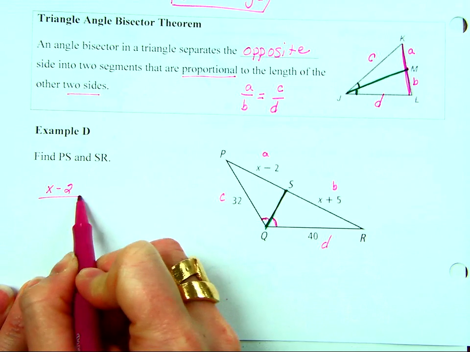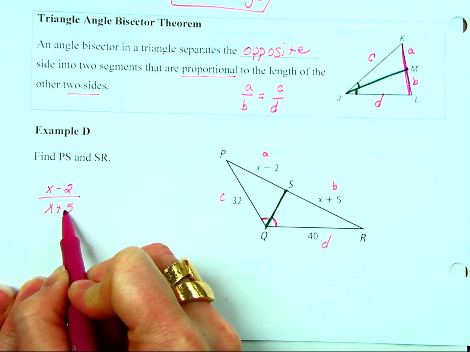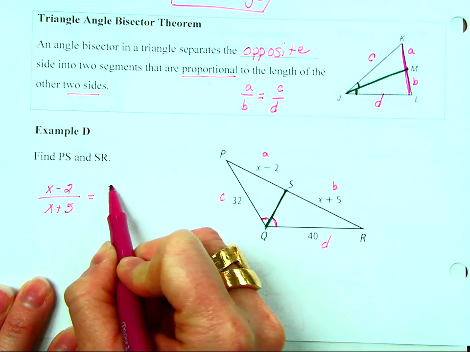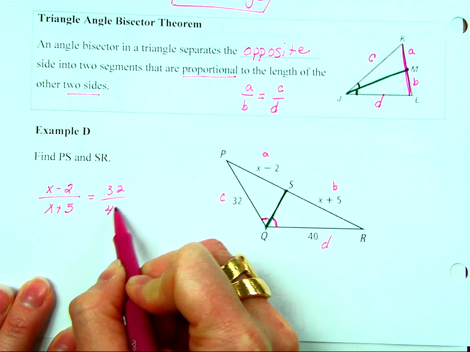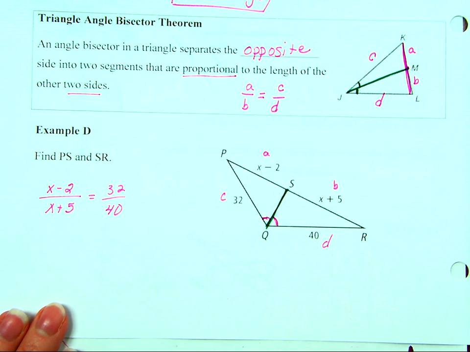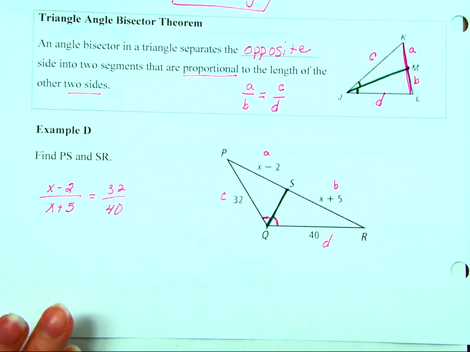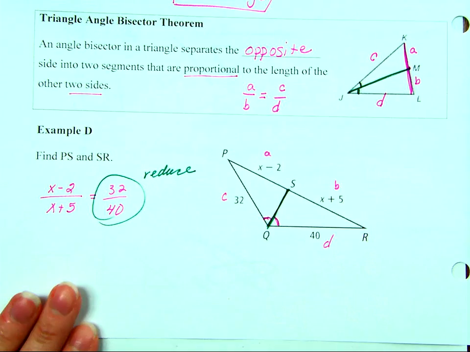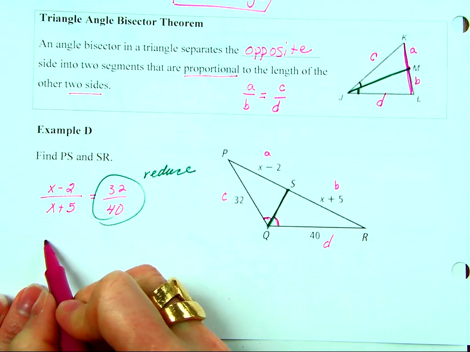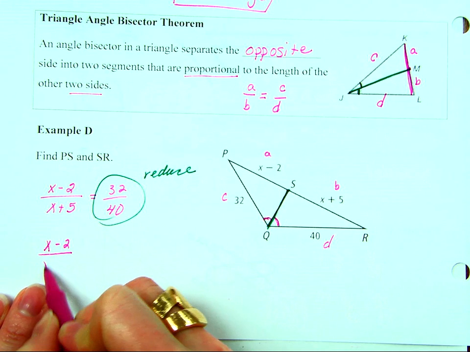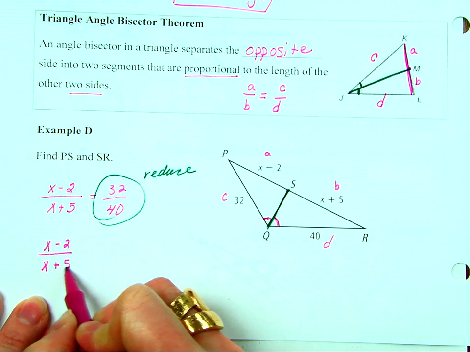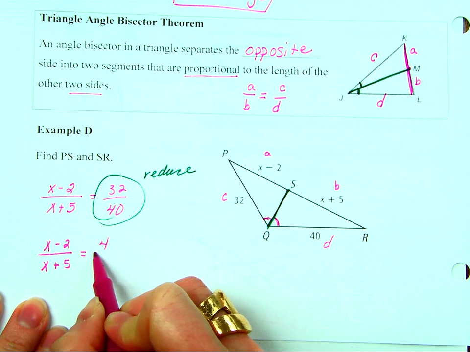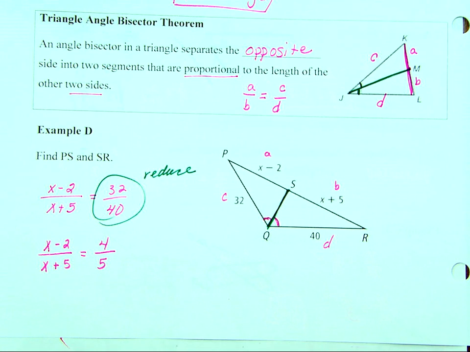A over B equal to C over D, before I set up my cross products, I would take this and reduce, just because it's easier to work with smaller numbers. And so I know that 8 goes into both of them, and we can say that that ratio would be 4 over 5.